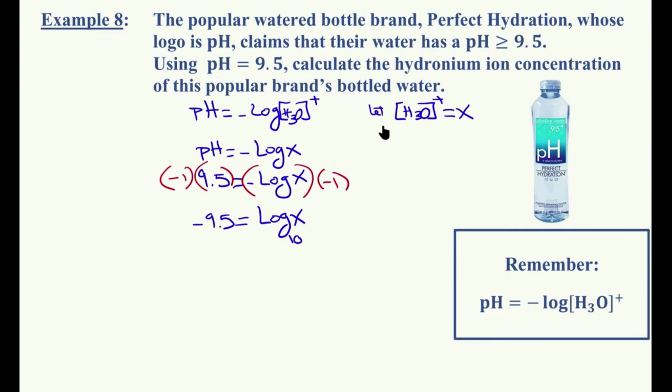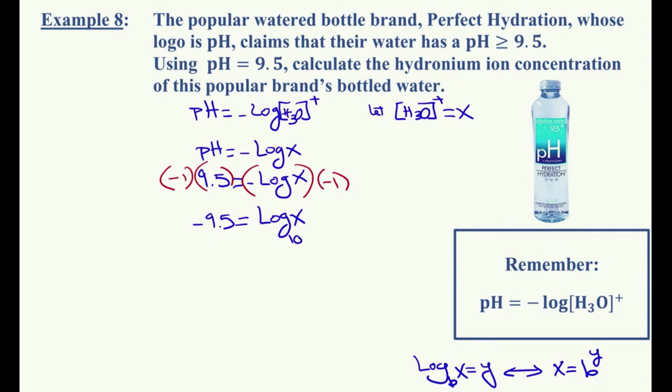Now at this point, I would like to bring in the invisible 10, which we know is there. When we see a logarithmic expression, we always know there's a base, even if it's not written, such as in the case of log or ln. So here we'll write it in just so that it makes it easier for us to transform this into its exponential equivalent. So again, let's remember that log base b of x equals y if and only if x equals b to the y.